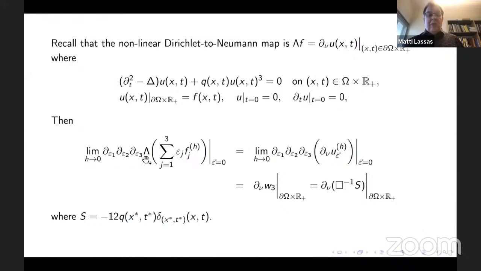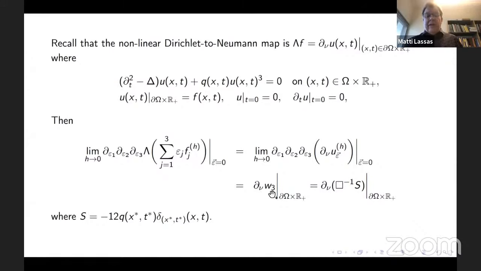So this Dirichlet-Neumann map inside here, this is the Neumann derivative of the solution of this equation when this f is given by this linear combination of 3 sources. Let's now change the order of differentiation. I may move all these derivatives inside the normal derivative, and then I let also h go to 0.